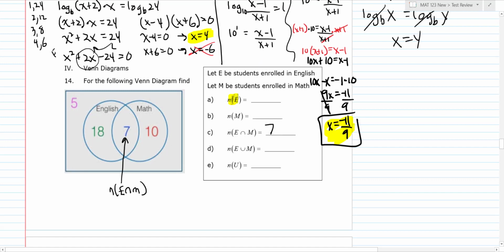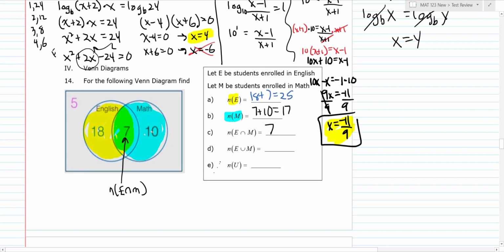The number of people taking English would be this whole entire circle, see? That whole circle, you would have to do 18 plus 7 to get 25. And then the number of people taking math would be everybody in this circle. So that would be 7 plus 10, so that would be 17 people enrolled in math.